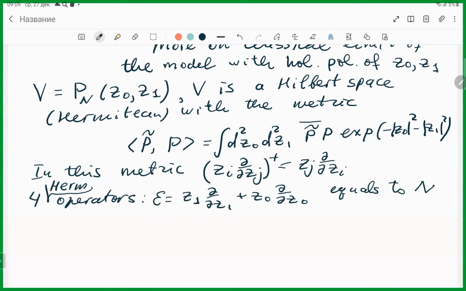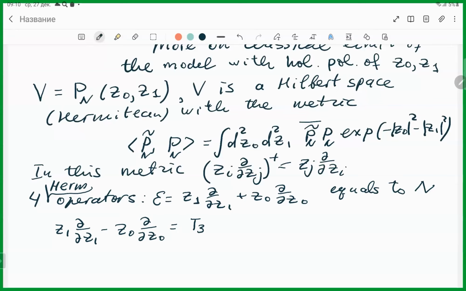And also the operators z1 d over dz1 minus z0 d over dz0, that I'll call operator T3.